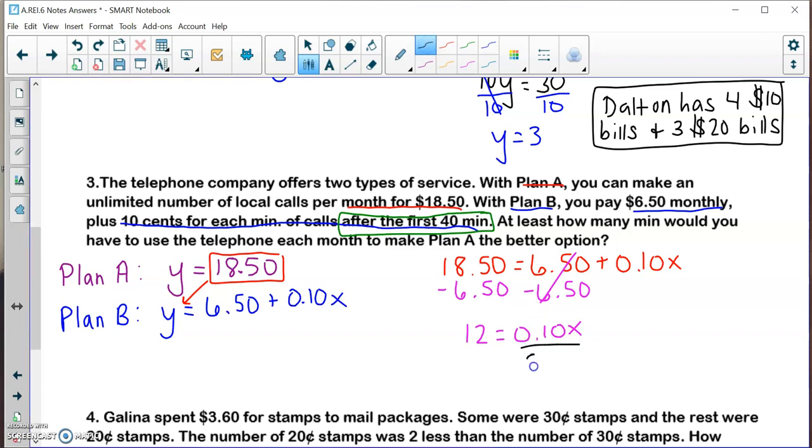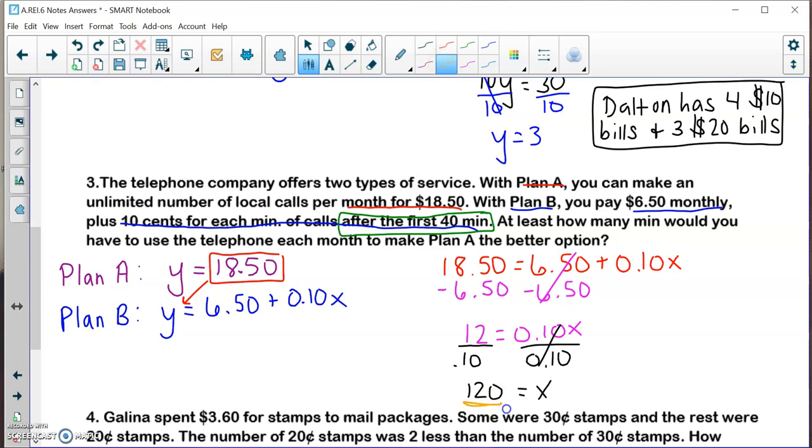And now I'm going to divide by 0.10 on both sides to get x would be 120. Now, this would be what it would take to make the phone plans equal.